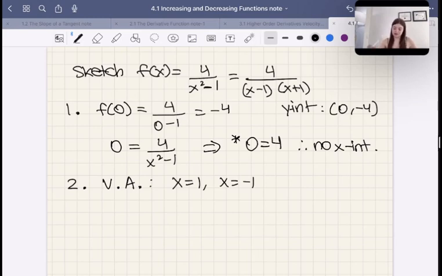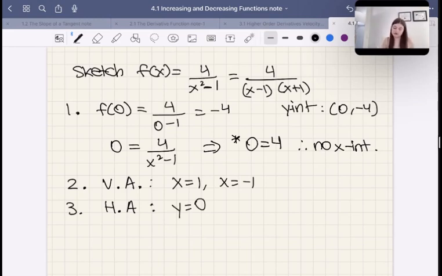Number 3 asks about horizontal asymptotes. Let's just remind ourselves what the criteria for horizontal asymptotes is. Basically, if the degree of the numerator is higher, then there is no horizontal asymptote. And if the degree of the denominator is higher, then the horizontal asymptote is 0, which I'll just write down now because that is the case here.